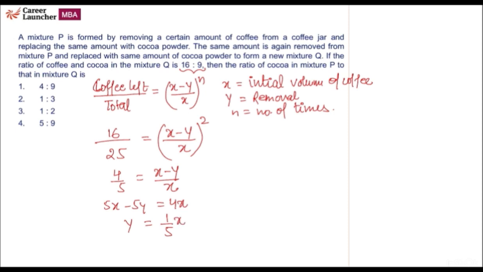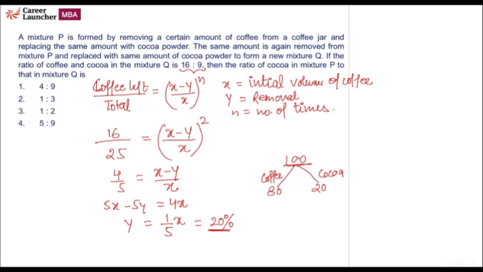As y is the amount removed, it is 20% of x. So the removal was 20% of the volume. If initially it was 100, then 20 was removed, so 20 was cocoa and 80 was coffee.